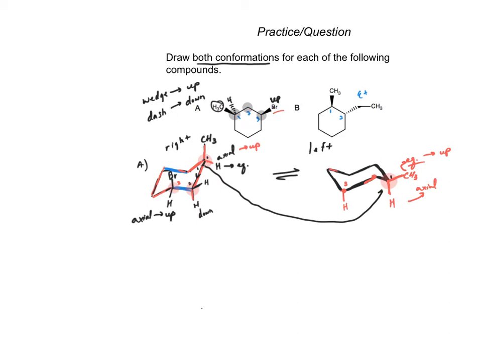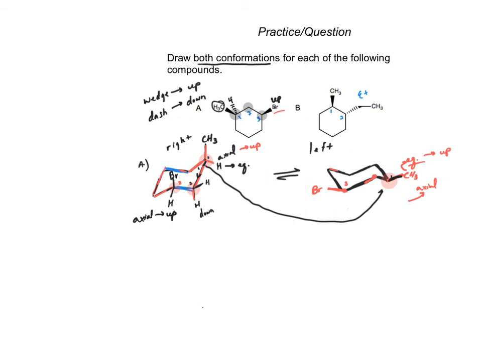So if I draw this guy out, we've got bromine in this position. Okay, so these are the two different conformations. Again, you don't have to include the hydrogens, but it's just helpful for me to keep track of where we're at. And in this one, we've got both of our substituents in the up position in this version of the ring, which are both in the equatorial position.